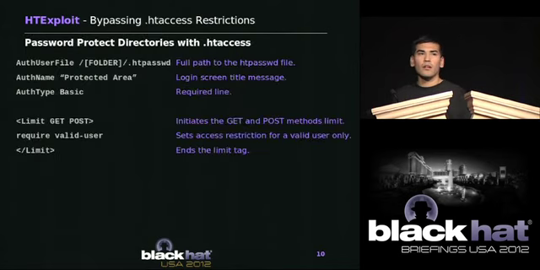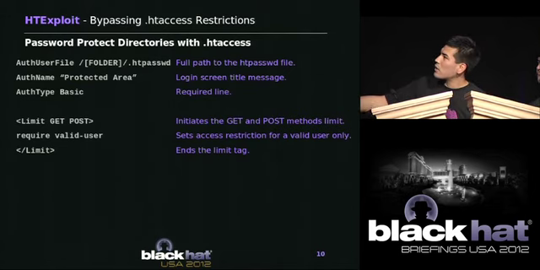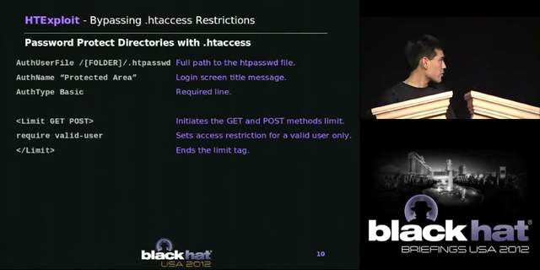Okay, this is the common configuration to protect a directory. Have you ever seen this type of configuration? Yeah? Okay. The first line is the HTPasswd file, then the AuthName, authentication basic. This could be others if you want, for example, digest.